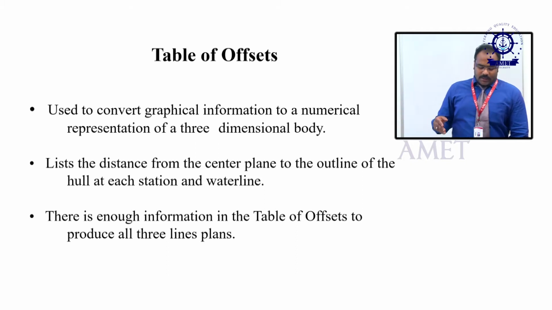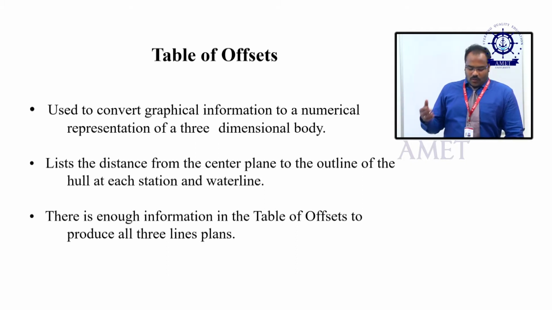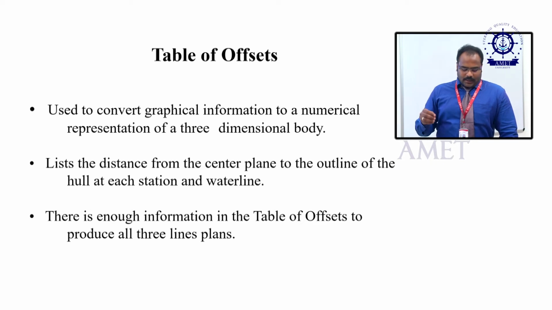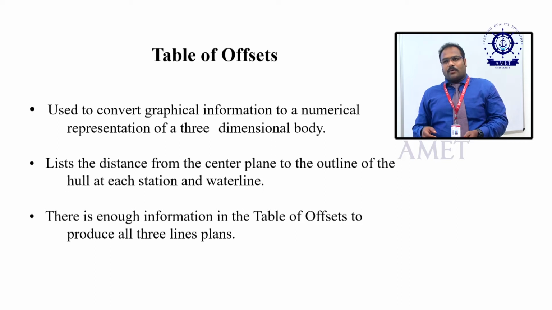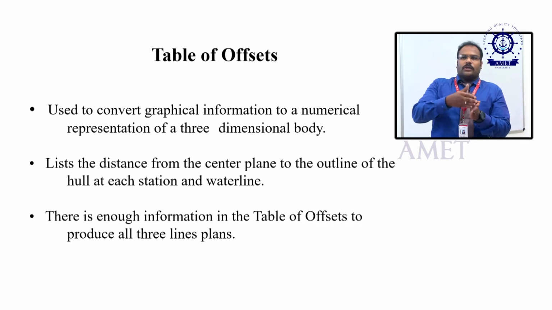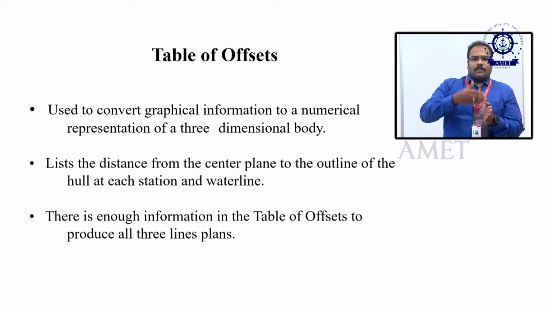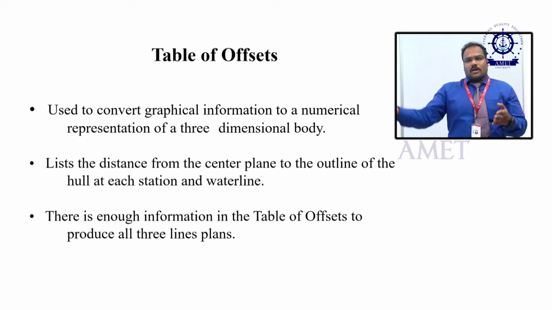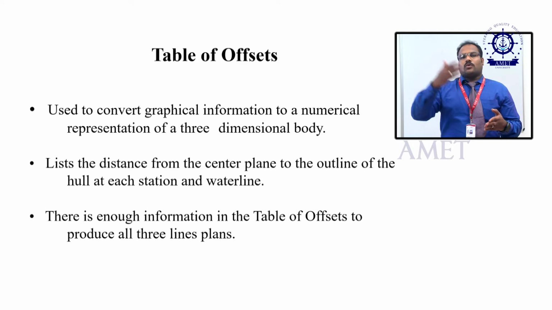Now, it lists the distance from the center plane to the outline of the hull at each section and waterline. So what will be listed in the table of offsets? The distance between the center plane and the waterline: center plane 1 to waterline 1, center plane 1 to waterline 2, center plane 1 to waterline 3, like that, then center plane 2 to waterline 1, center plane 2 to waterline 2, center plane 2 to waterline 3.